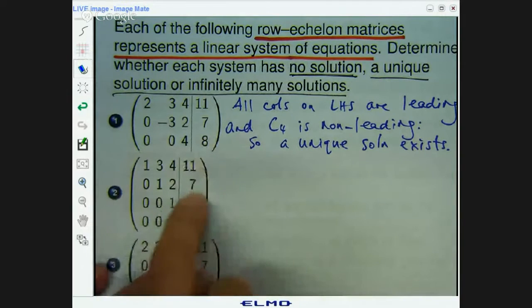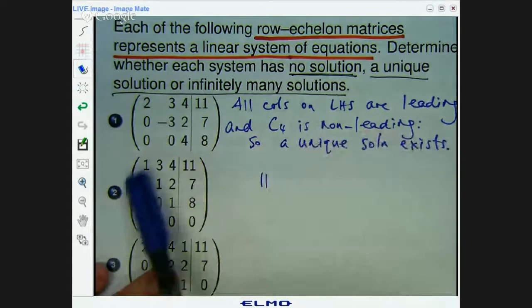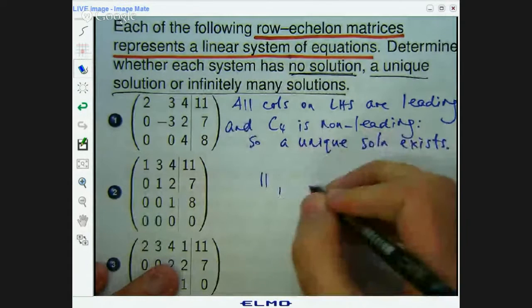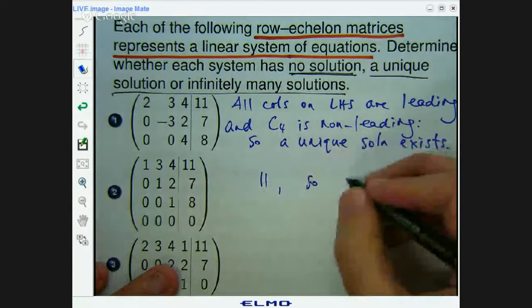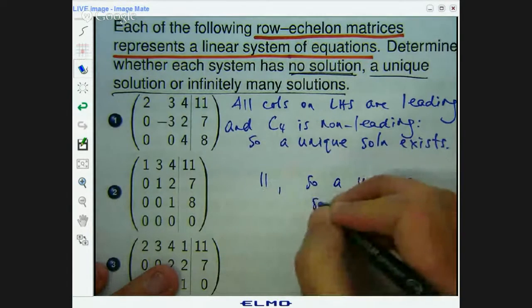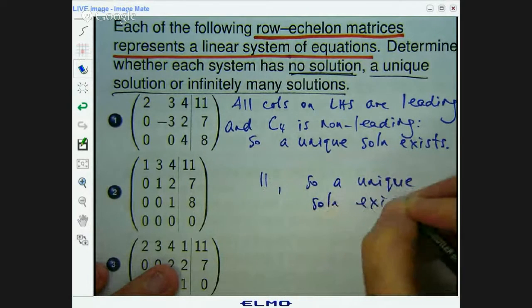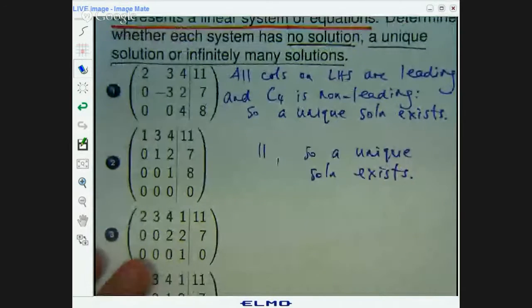And column 4 is not leading. So this is the same situation as up here. So a unique solution exists. All right.